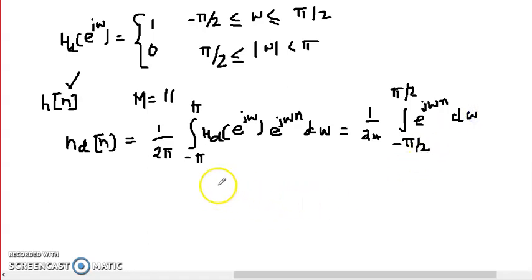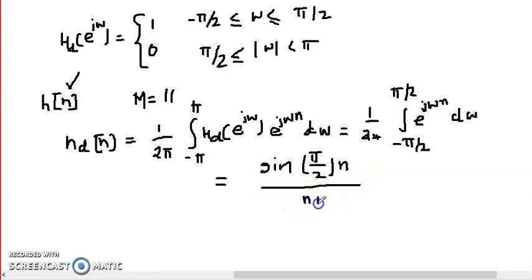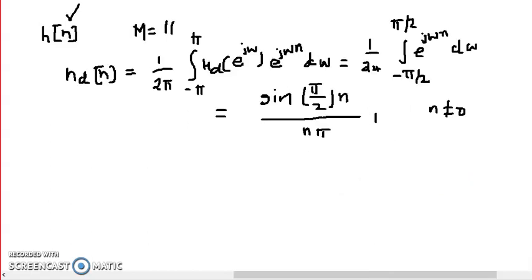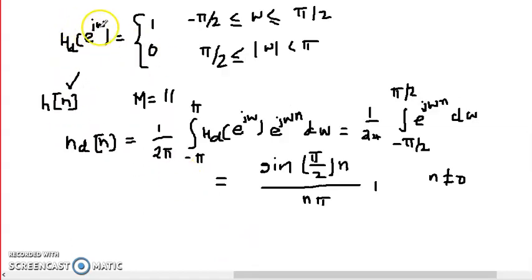When we do it, we get sin(pi n / 2) divided by n pi, where n is not equal to 0. So this is hd(n). If Hd(e^(j omega)) is given, we can find hd(n) using this transformation. This is the rectangular window approximation.